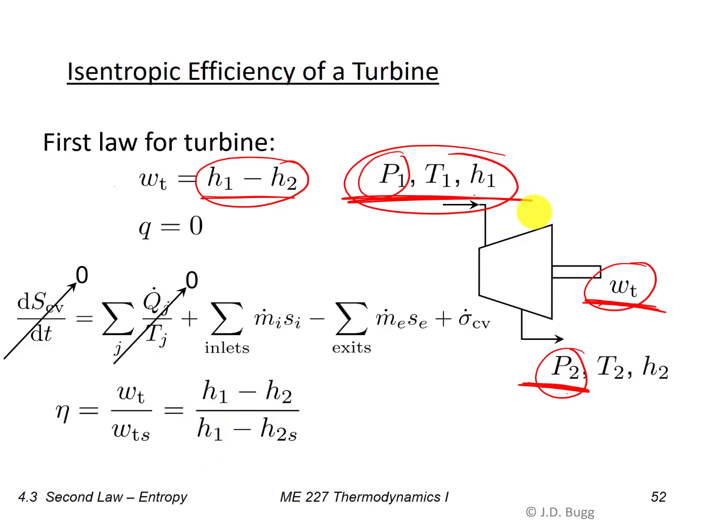We're feeding these two turbines exactly the same substance. And the extra subscript here is on the exit enthalpy. So this H2S is what the enthalpy would have been coming out of this thing if it were isentropic. So the H2S corresponds to the WTS. Those are both the isentropic turbine.